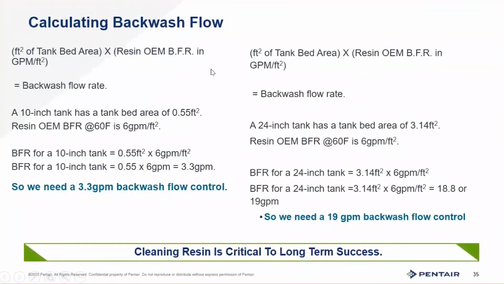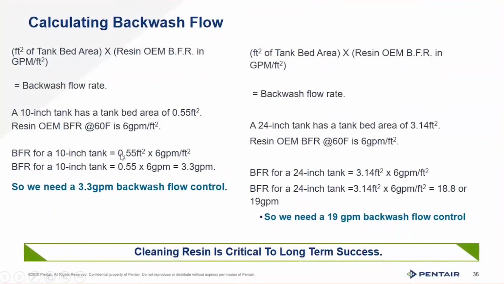So what does that mean? A 10-inch tank is going to have a 0.55 square foot surface area, regardless of height of tank. Okay? And that's going to be a 6 gallon per minute per square foot backwash flow rate from the manufacturer.